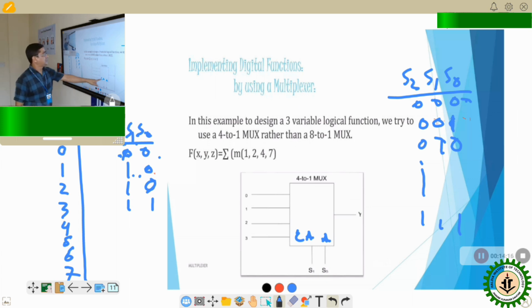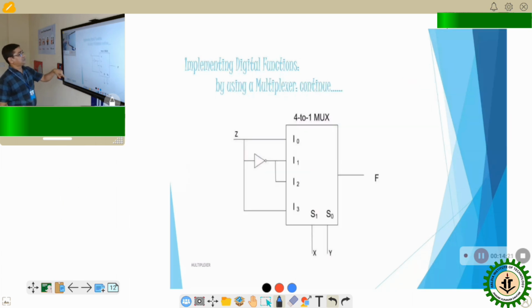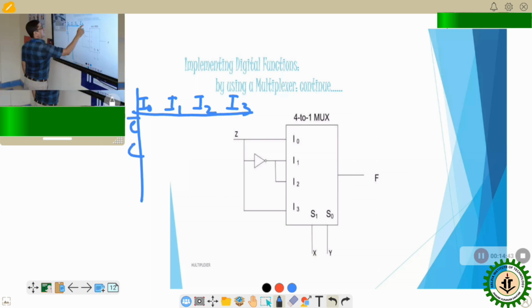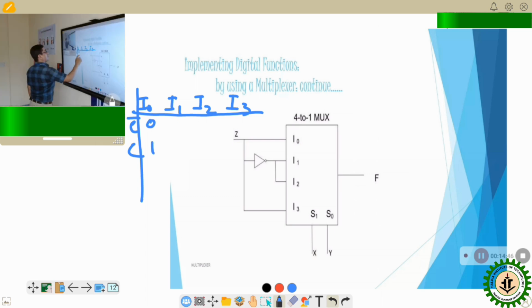This is the 4:1 multiplexer with I0, I1, I2, and I3, and we will get C complement and C, and the values 0 to 7.